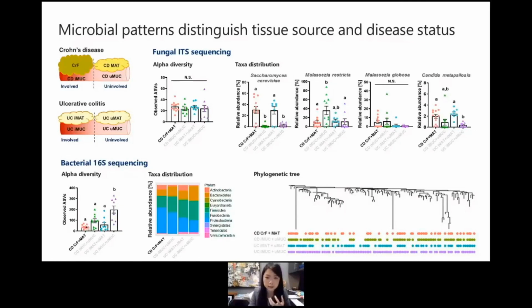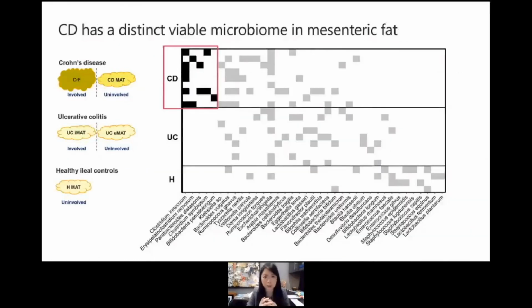And to get to that question, we actually performed microbial cultivation. So we obtained fat tissues from our cohort, homogenized them and plated them out in a range of media, hoping to see microbial growth and see which microbes are actually alive or survived within these tissue contexts.